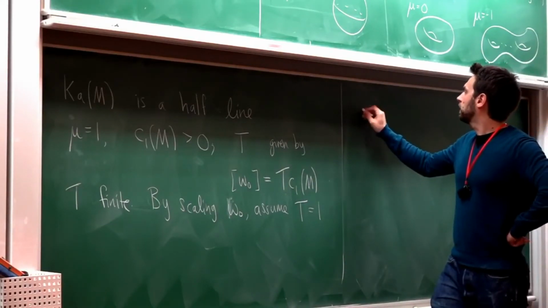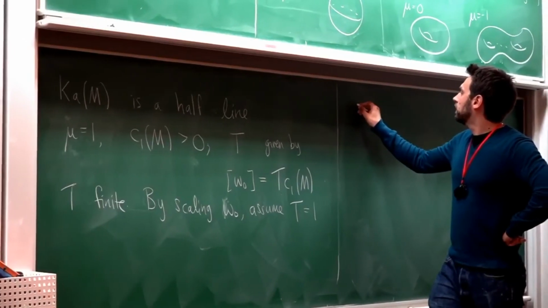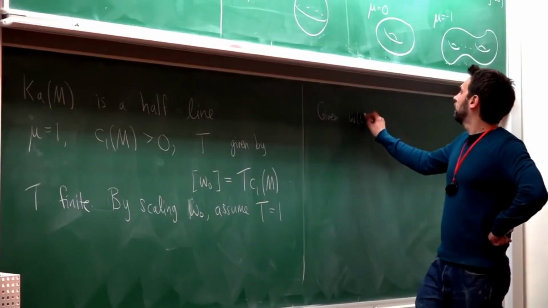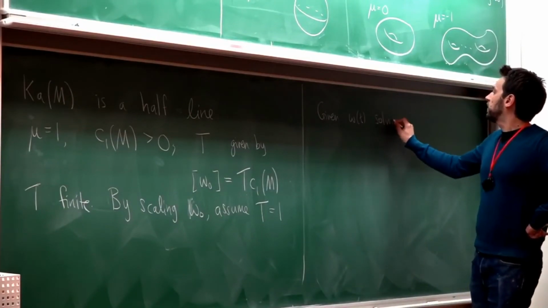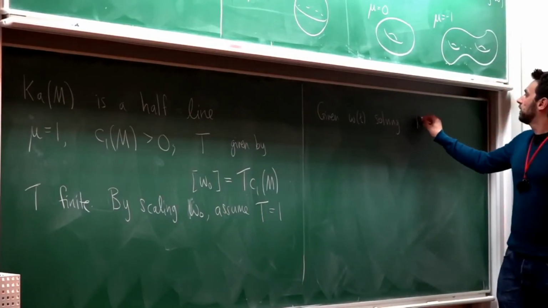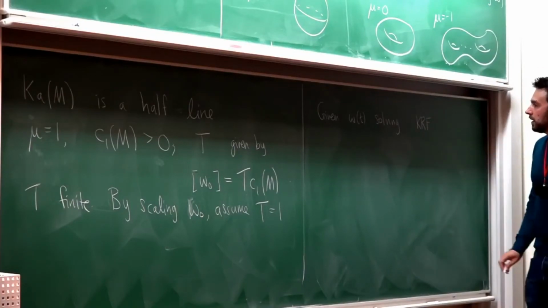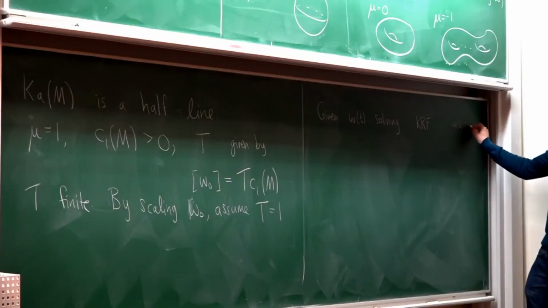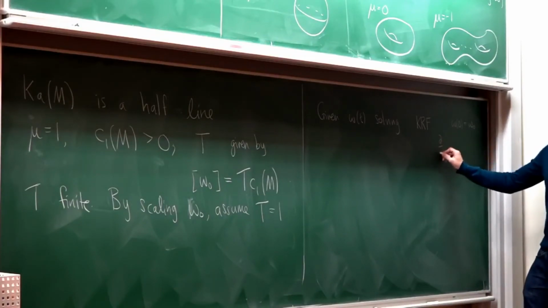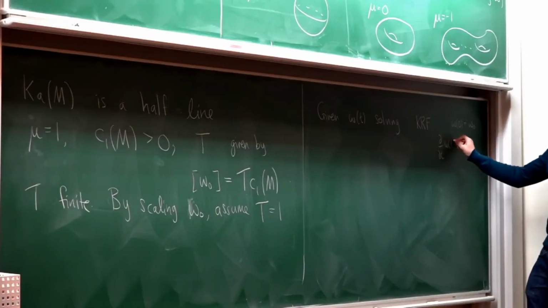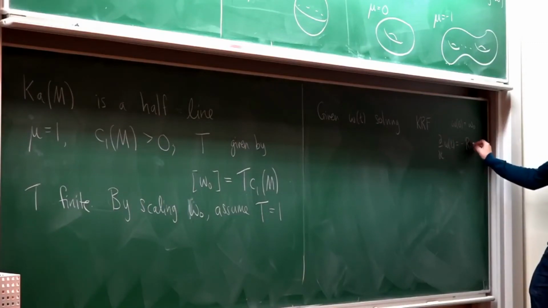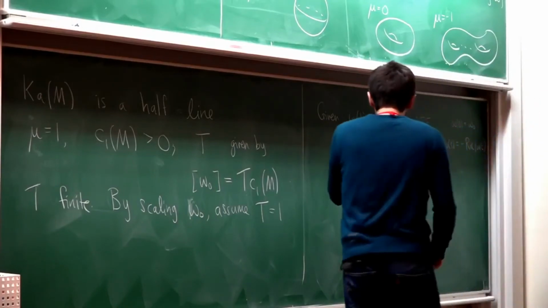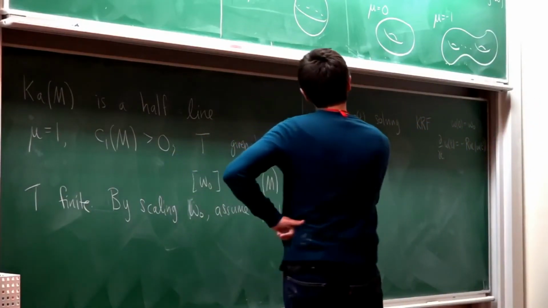So in fact, given omega t, solving the Kähler-Ricci flow starting at omega naught, so omega 0 is omega naught, and d/dt of omega t is minus Ricci of omega t, it makes sense to rescale.